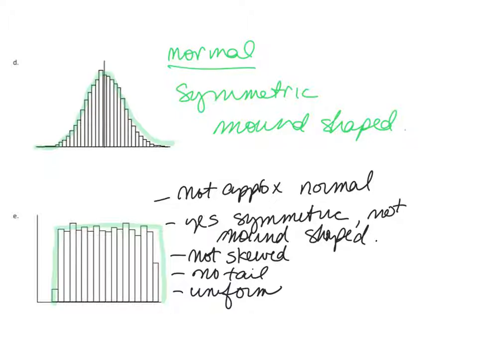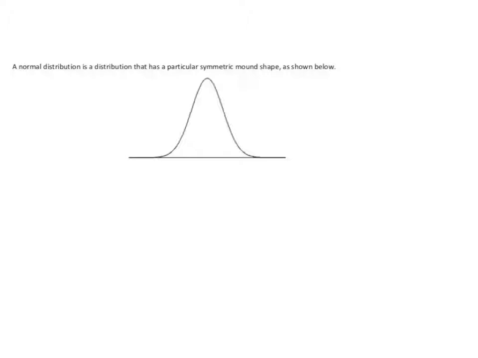It is symmetric. It's not mound. It's not skewed. There's no tail. It's very uniform. Just to be clear, this right here is a picture of a normal distribution. Okay, a normal distribution that has a particular symmetric mound shape, shown below. That's sort of our model for what we're doing.